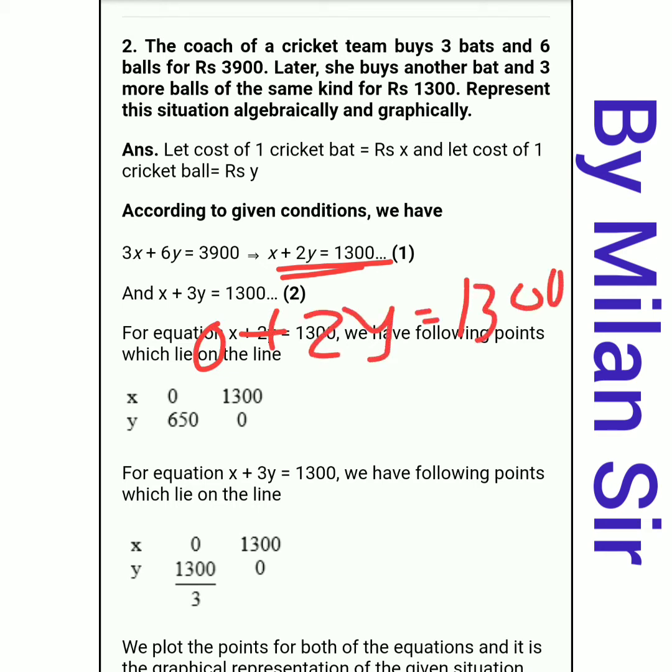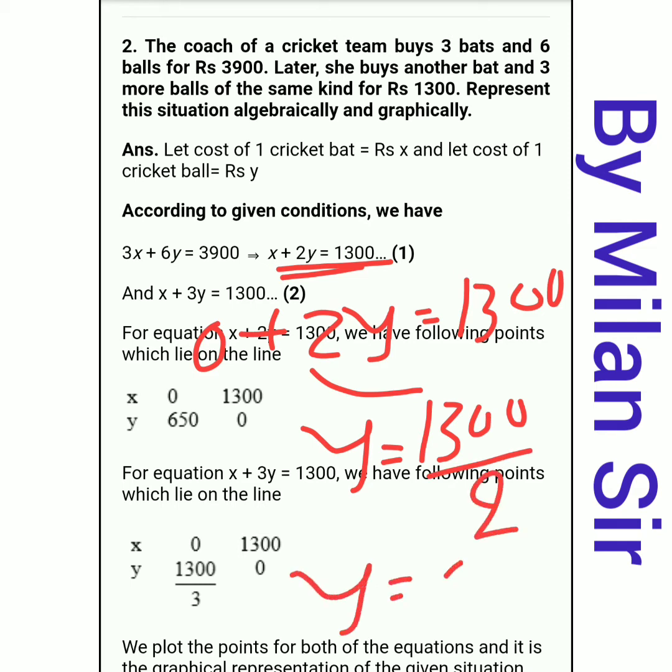Now find y from here. Transfer this 2 to the right hand side. It goes to division because 2 is multiplied with y. So 1300 divided by 2 is 650. So this is our first coordinate: x is equal to 0, y is equal to 650. This is our first point.